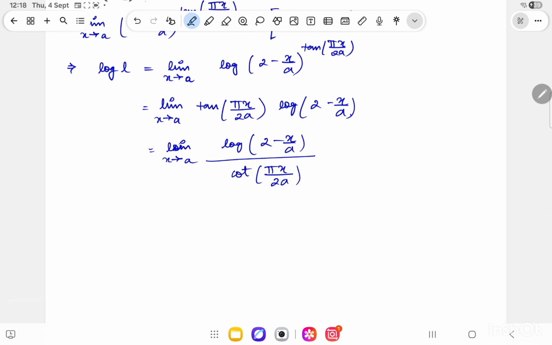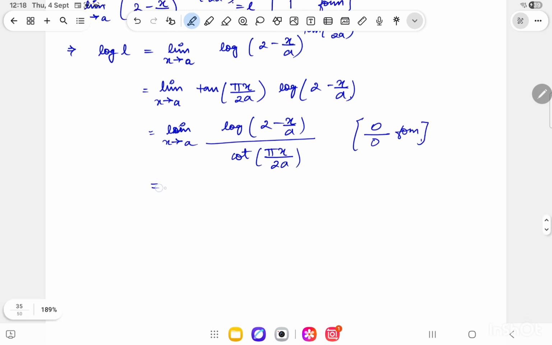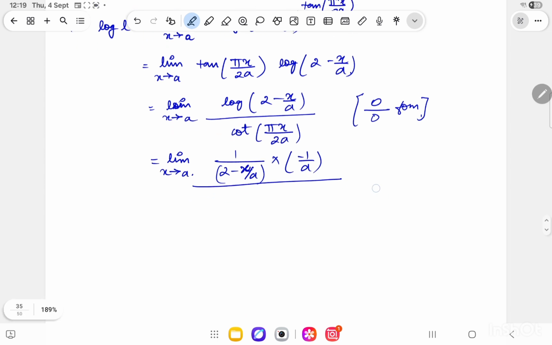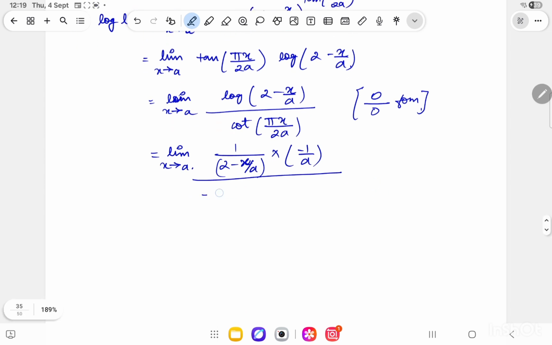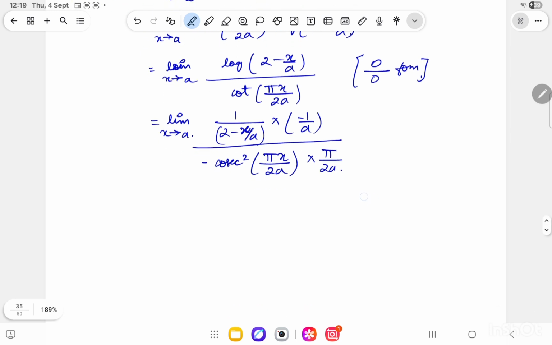If I put the limit here, it will be 0 upon 0 form, so let's use L'Hopital rule here. If I use L'Hopital rule, I'll be getting limit x approaches a of 1 upon (2 minus x by a) into minus 1 upon a, divided by the derivative of cot, which is minus cosec square(pi x upon 2a) into pi upon 2a. This a balances out this one and this minus balances out this minus.